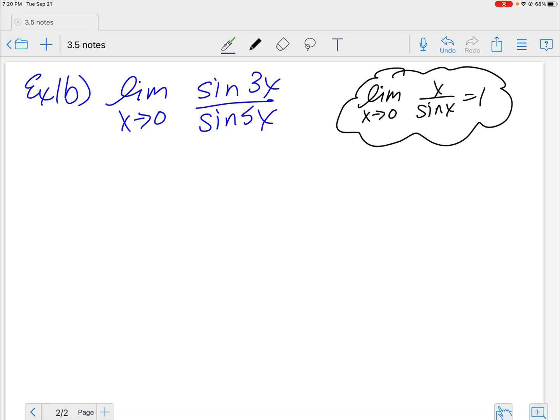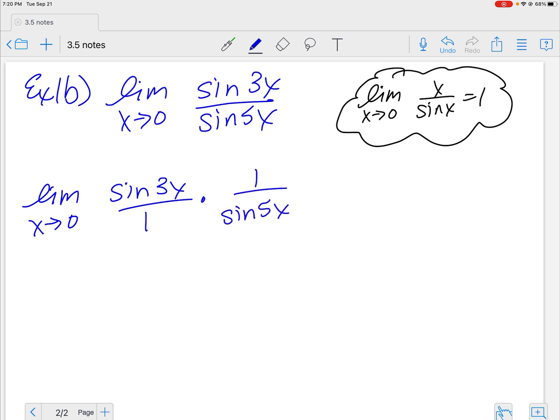All right. So let's split this up and figure out what it is we have. We want the limit as x approaches 0 of the sine of 3x over something, times 1 over the sine of 5x. My goal is to make this a 5x and this a 3x, because then they'll be the same.